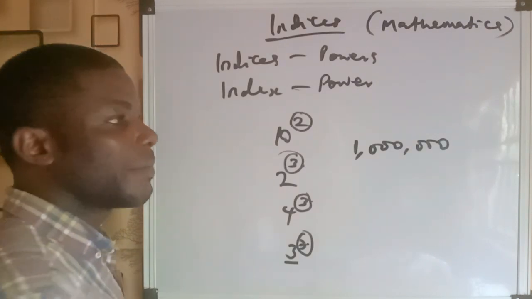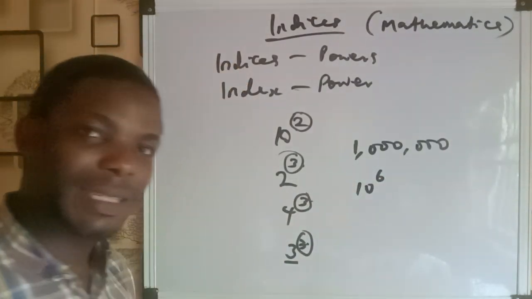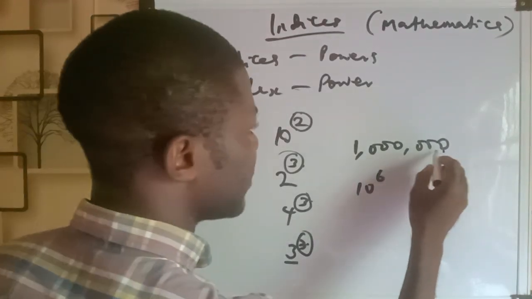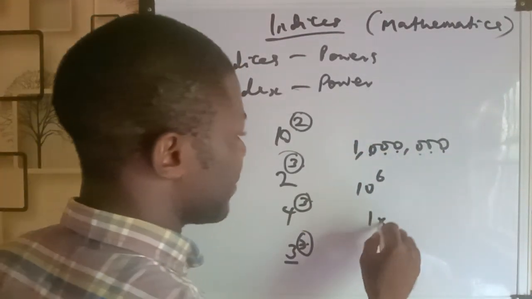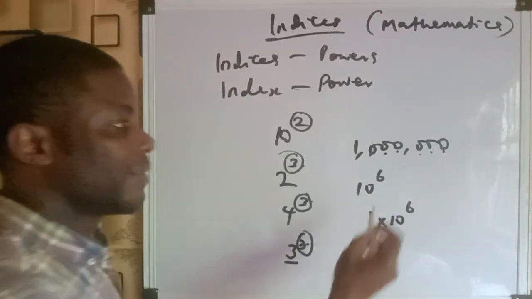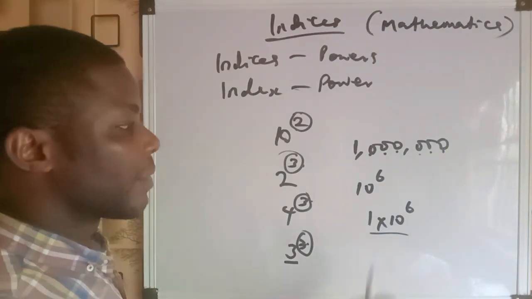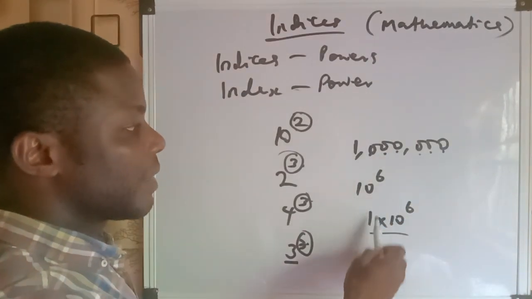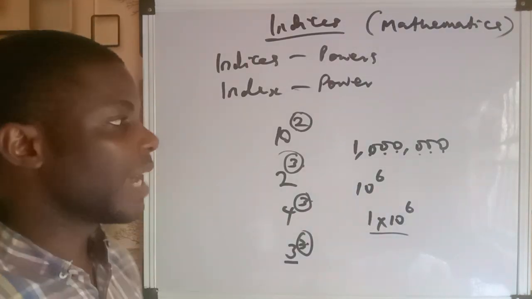You can simply write 10 raised to power 6. How? By counting 1, 2, 3, 4, 5, 6. So you say 1 times 10 raised to power 6. It's still the same thing. That is, if you are told to convert this to a standard form, this is what you get. You can quickly raise 10 to power 6 to have your 1 million.